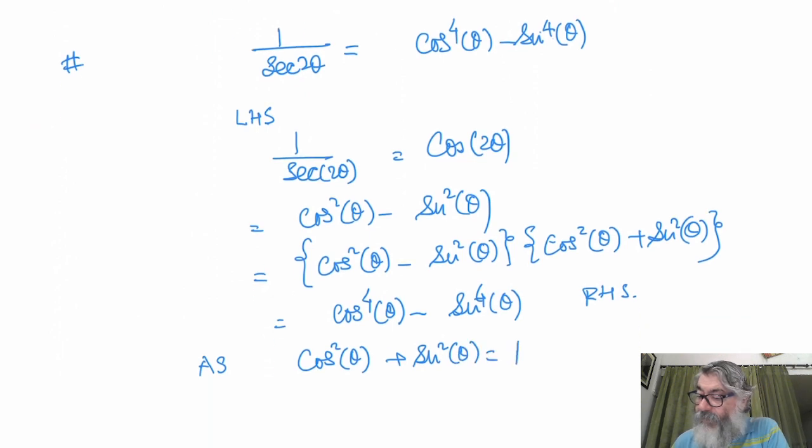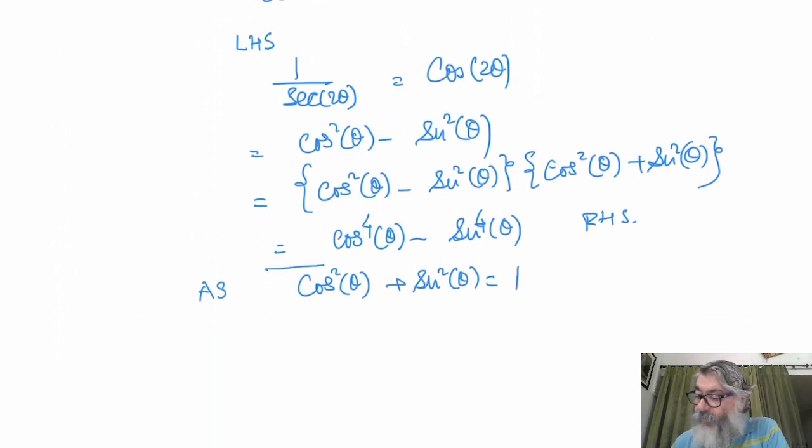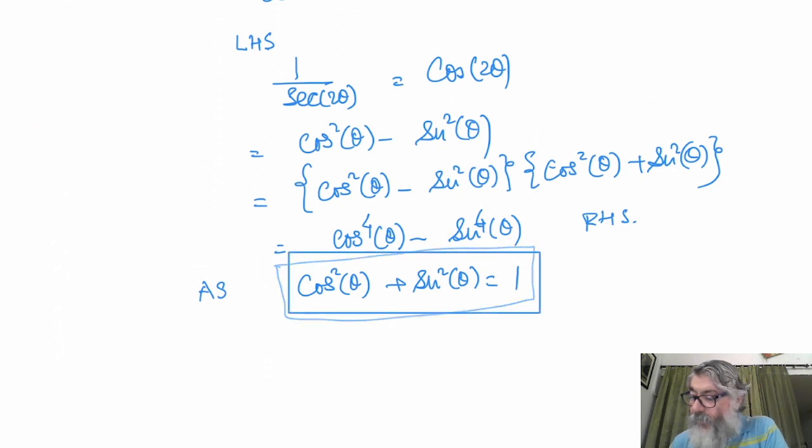You must write that. You must know that so that you have no problem, no issues with that. So cos square theta plus sin square theta is 1. Okay. Now let's see the next question.